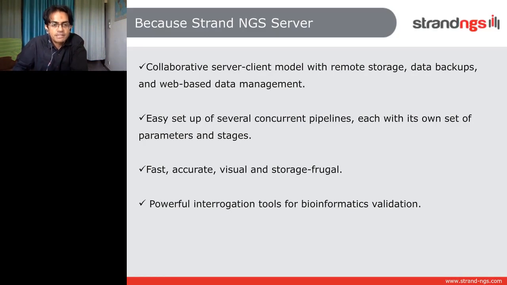These pipelines are fast, they are accurate, they are visual, and they are frugal with your storage. And it also contains powerful interrogation tools for bioinformatics validation. And we saw just a couple in the previous slides.